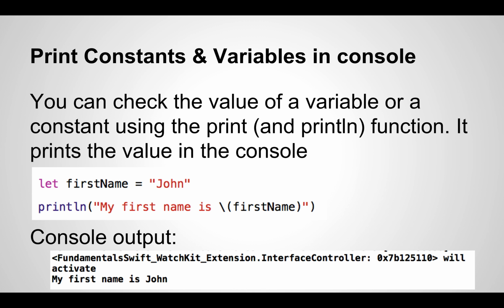It prints the value in the console or in the log. So let firstName equal "John", and if you use the line println "my first name is", and you put backslash, parenthesis, firstName, and close that parenthesis, then this would put "my first name is John". You can see in the console output at the end, the very last line in this slide, my first name is John. Okay, so you use print or println.